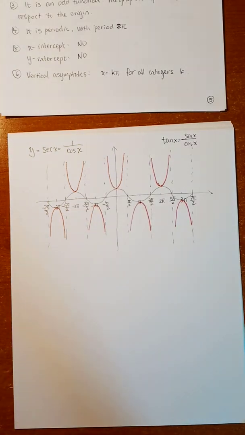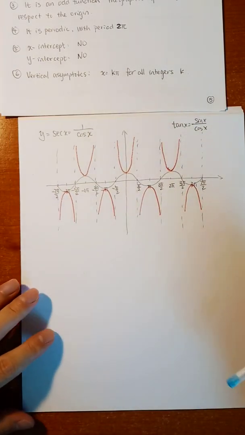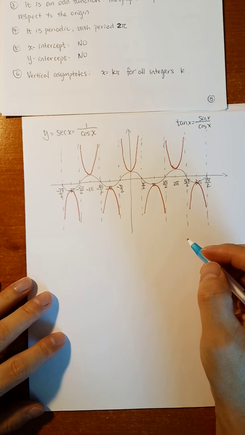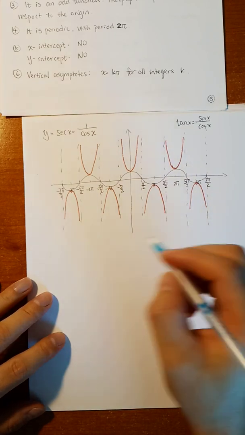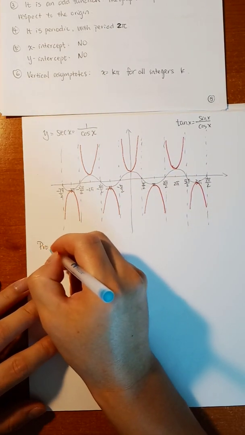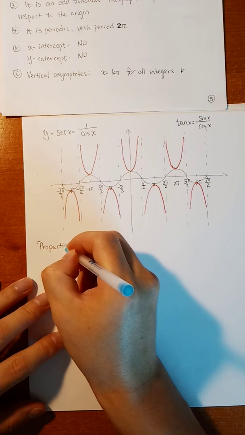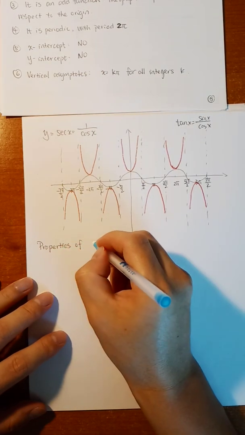Okay, so this is a graph of a secant of x. And we also list the properties of the secant of x.